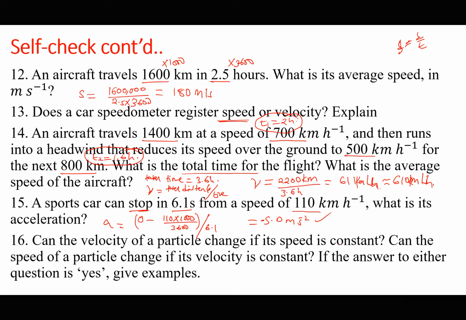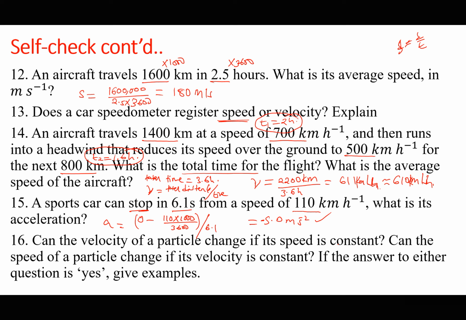Then can the speed of a particle change if its velocity is constant? If the velocity is constant, the speed is not changing, because speed is the magnitude part of the velocity. If the velocity is constant, it means both the magnitude and direction are not changing.